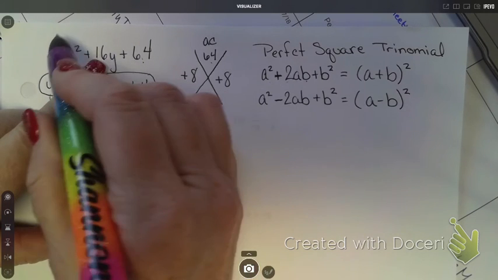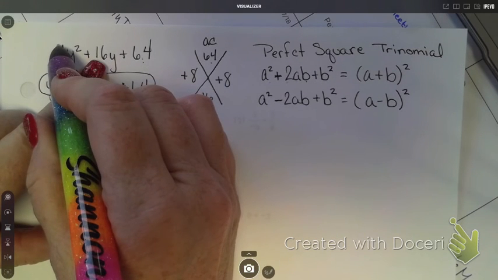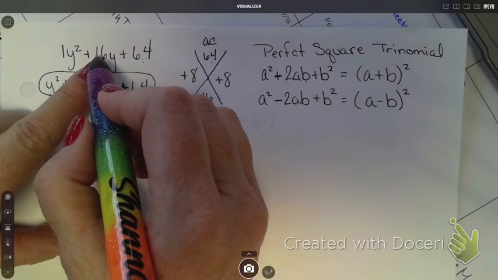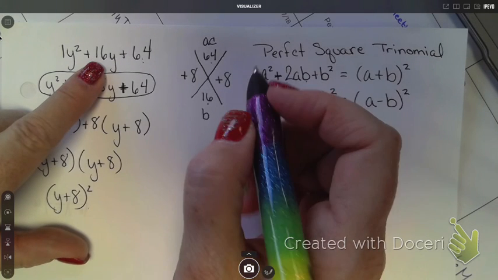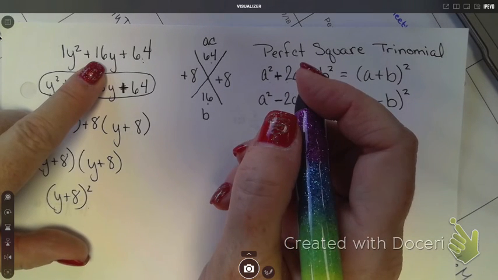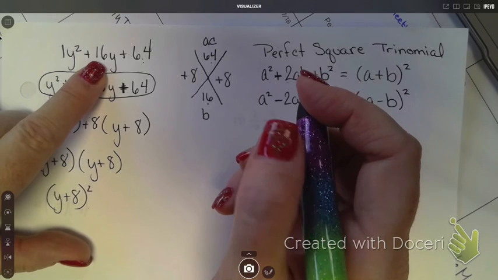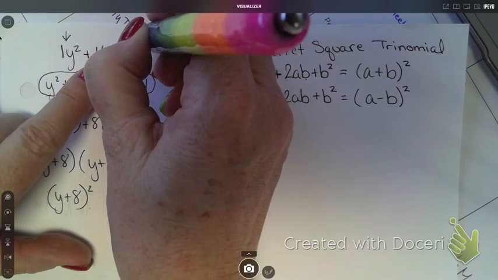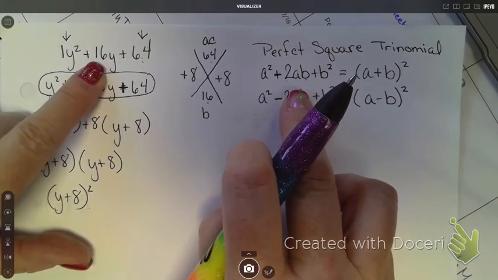So, 8 times 1 is 8. Times 2 is 16. So, would this pattern work? Yes. Now, most of the time you don't look for this pattern. But if you notice that the first term is a perfect square and the last term is a perfect square, could you check for this? Yes.